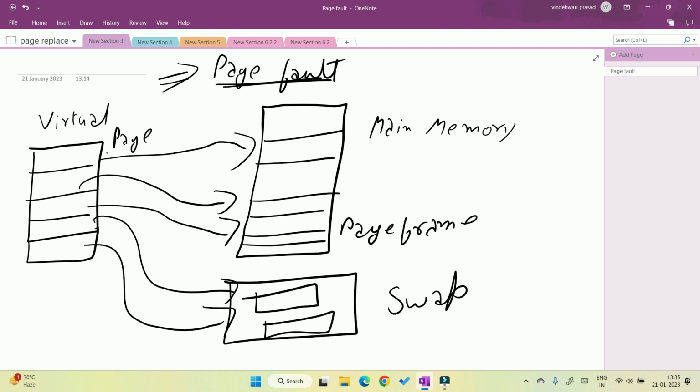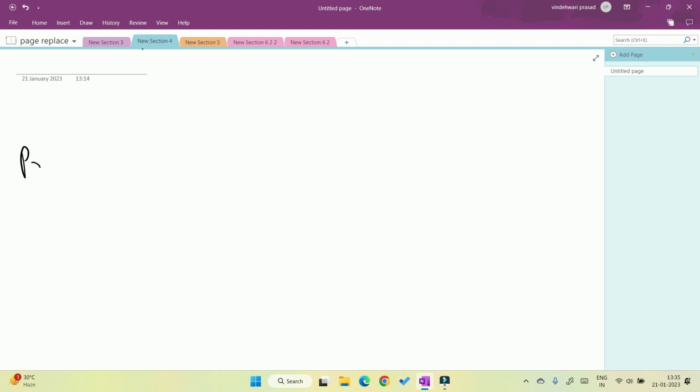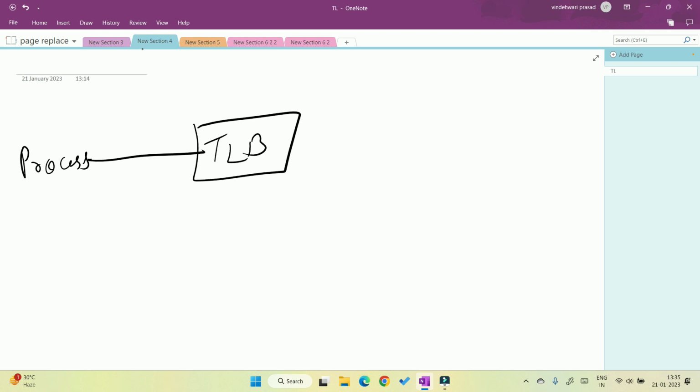So what will happen with this? Suppose your process needs some page. What will it do first? It will first go to the TLB, and if found, that is called a TLB hit. But if a TLB miss happens, then what will happen?